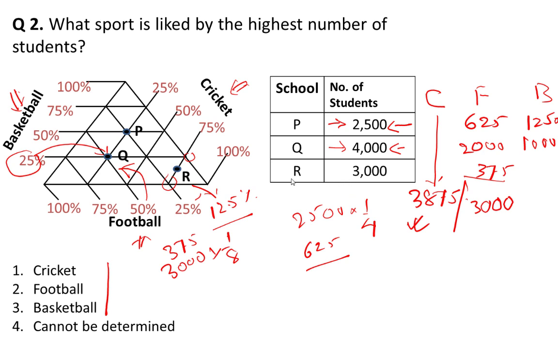Next, school R. School R is again between 0 and 25%. If I look at this, the middle one must be 12.5%, because it is between 0 and 25%, and this is 1/8. So 1/8 of 3,000.